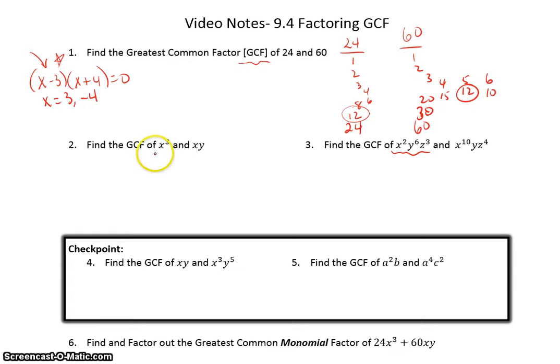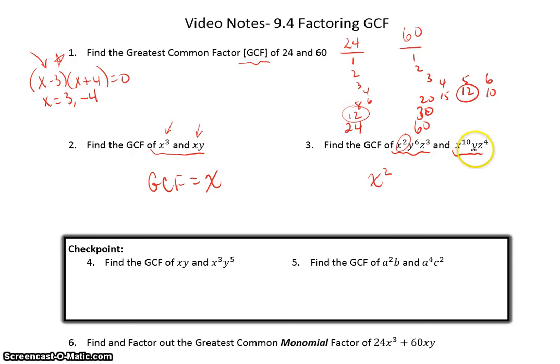Now, in number 2, what we're going to talk about is you can actually find the greatest common factor between variable terms as well. You're going to notice that both of these terms have x in them, and so the GCF is actually x. You can take one x out of both of these terms. If you look at number 3, I see x's in both terms, and in fact I see 2 of them, and so I can take 2 x's, or x squared, out of both of these terms.